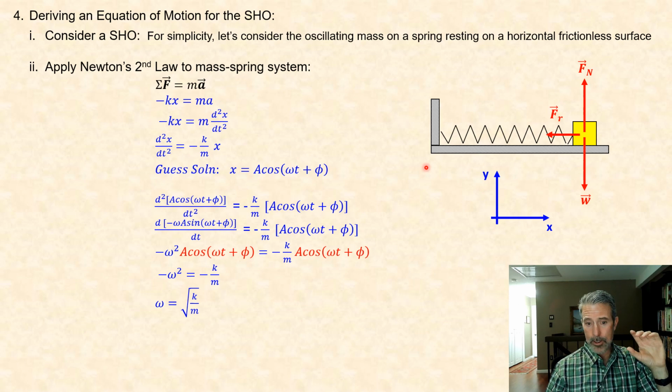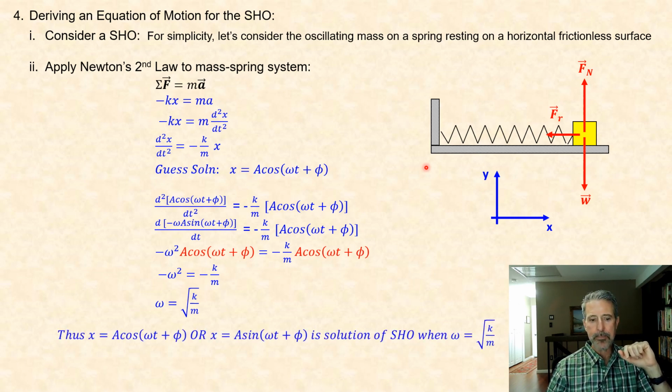So what does this tell us? This tells us that we were correct. Our solution, x equals a cos(omega t plus phi), does indeed satisfy this differential equation, satisfies Newton's second law, when this constant omega is equal to the square root of k over m.